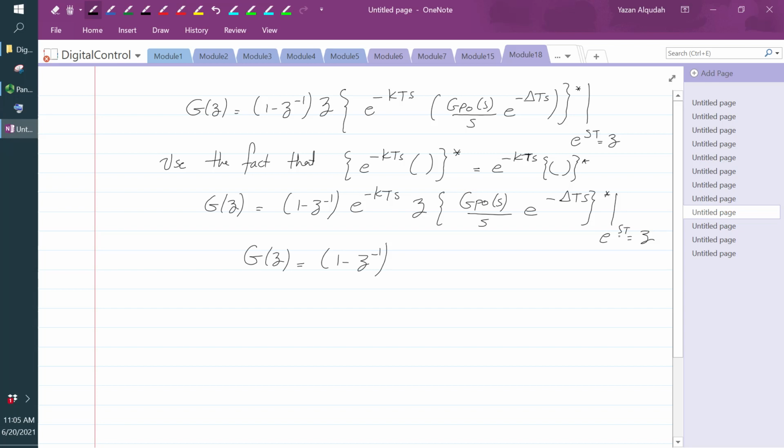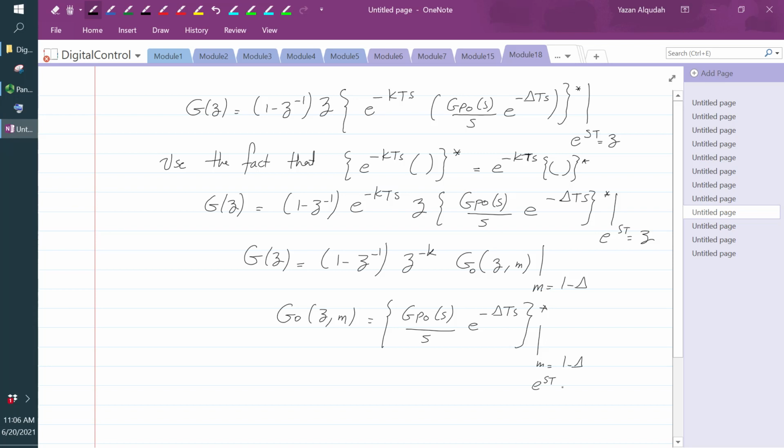If I replace e to ST with Z, this is going to give me Z to negative K, and then the Z transform of this expression is the modified Z transform G0 of Z comma m, where m is equal to 1 minus delta, where G0 of Z comma m is equal to GP0 of S divided by S, e to negative delta T multiplied by S, star, with m equal to 1 minus delta and e to ST equal to Z.